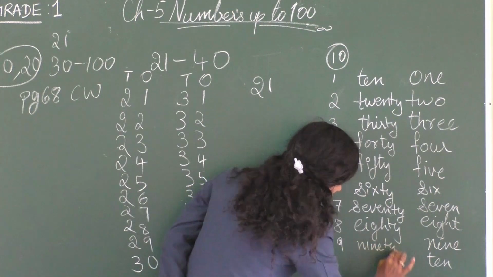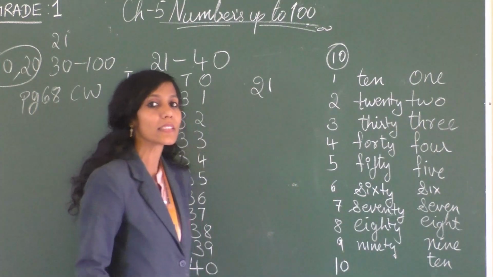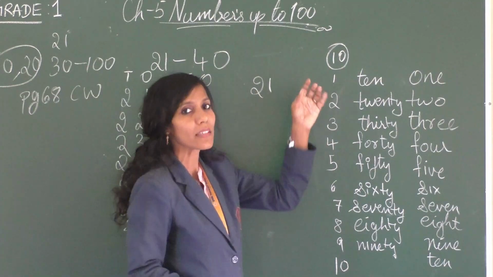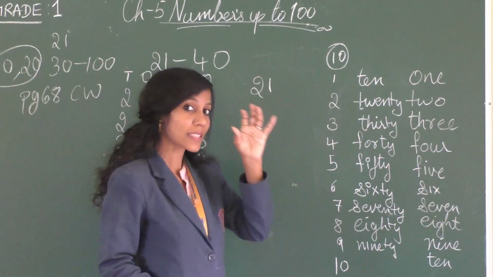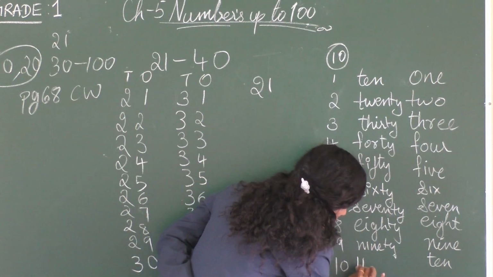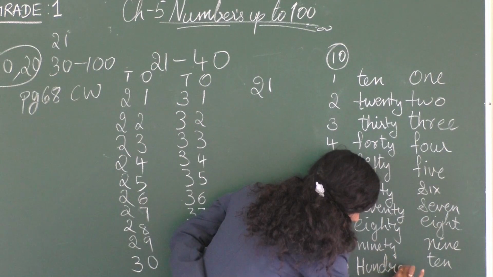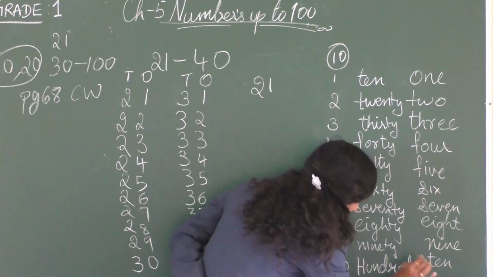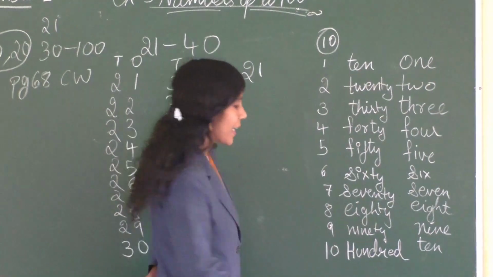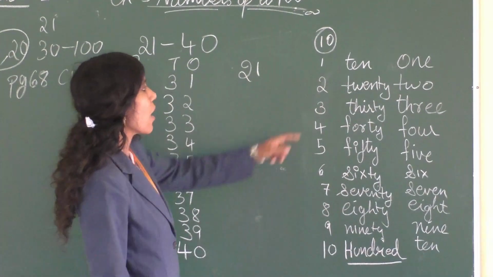And when we come to the 10th bundle, 10 bundles of tens, we call it HUNDRED, 100. We say it as 100. How will you write 10?